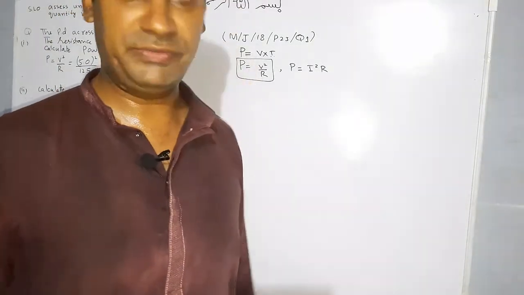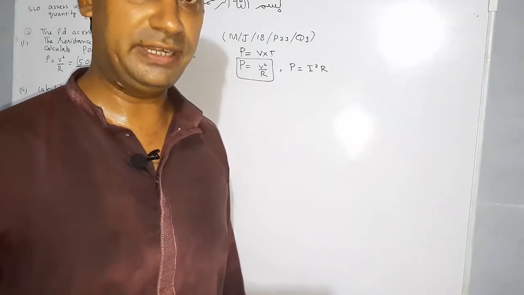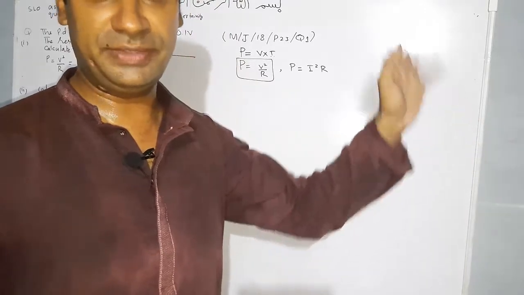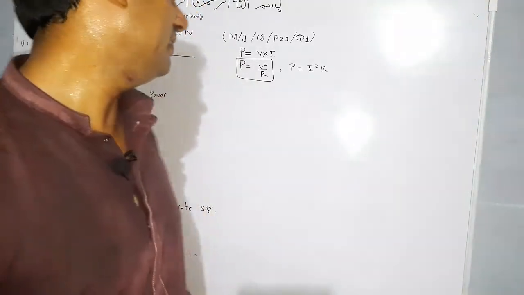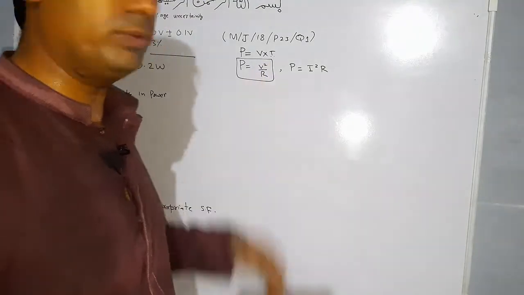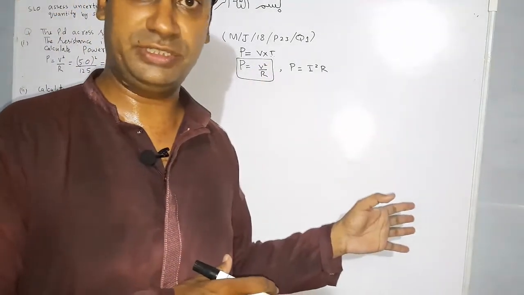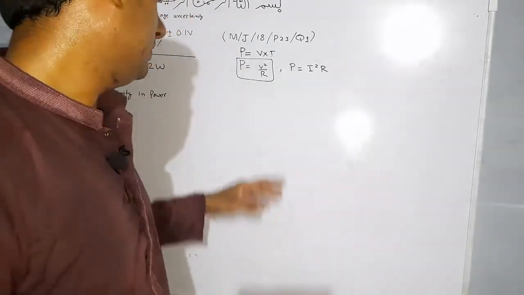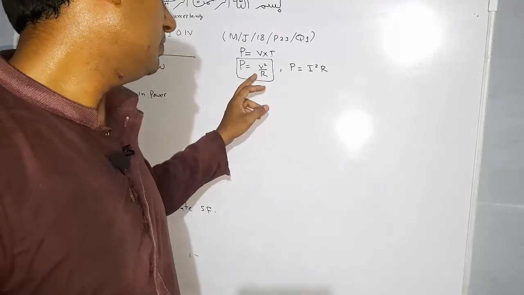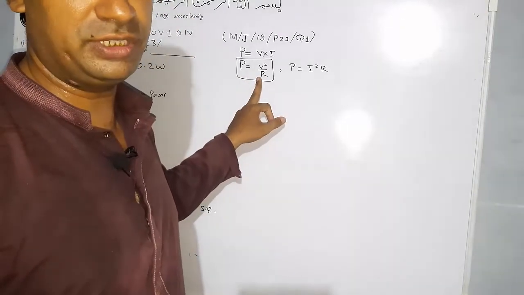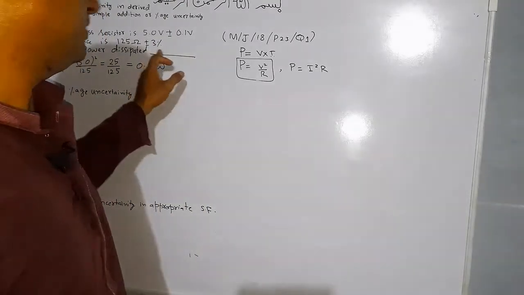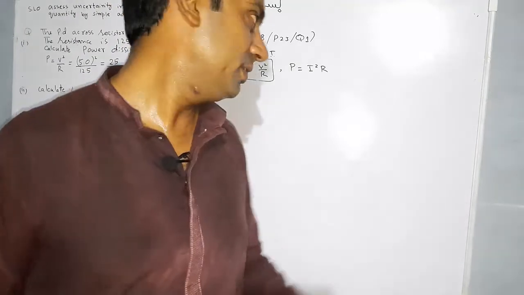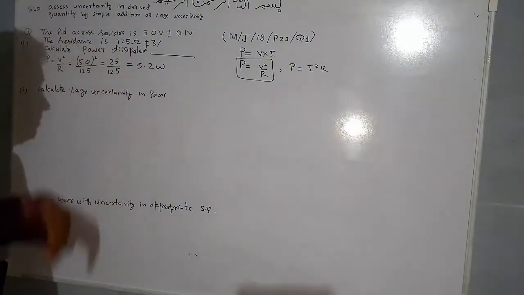We learned in the previous example of volume, pi over 6 dq, that we multiply the percentage uncertainty with the power factor, which was 3 in that case. Here the power factor is 2, in V square over R. So first we calculate the percentage uncertainty for the voltage, then multiply by 2, and due to the division, we take the percentage uncertainty in the resistance. That is already given right here, no need to calculate it. Then we add them to get the total percentage uncertainty.